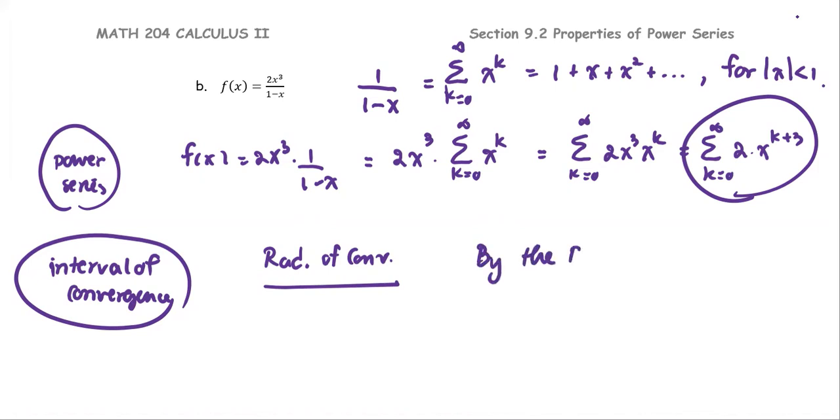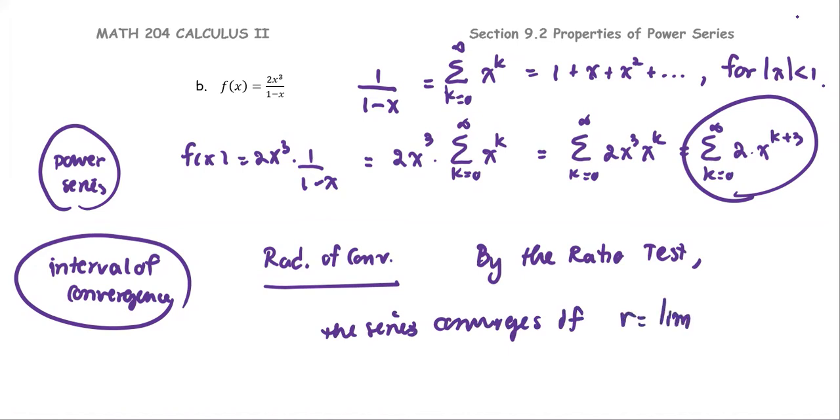So by the ratio test, the series converges if r equals the limit of the absolute value of a_(k+1) divided by a_k, as k approaches infinity, is less than 1.